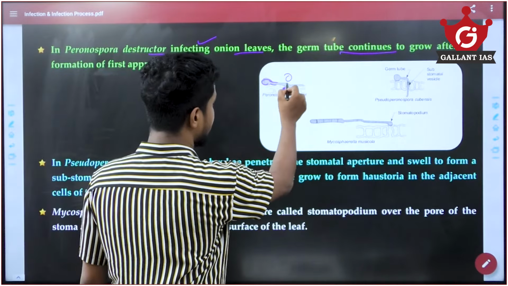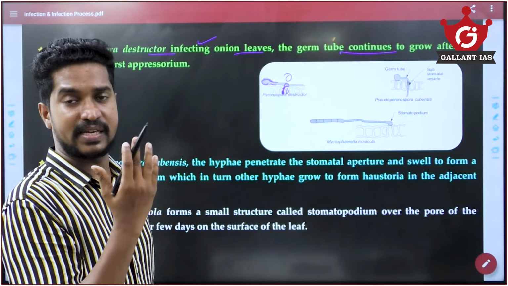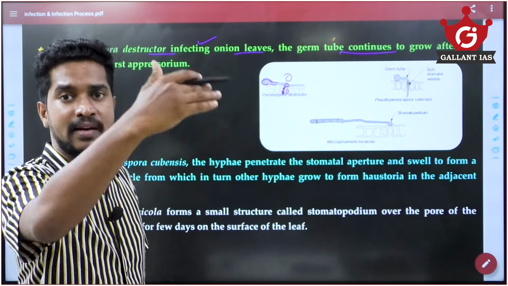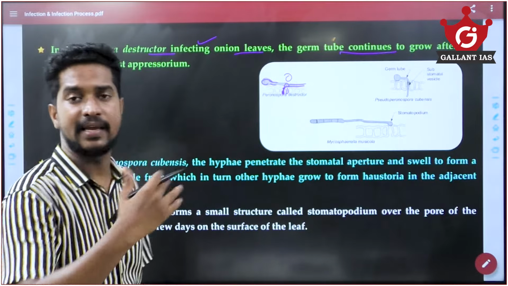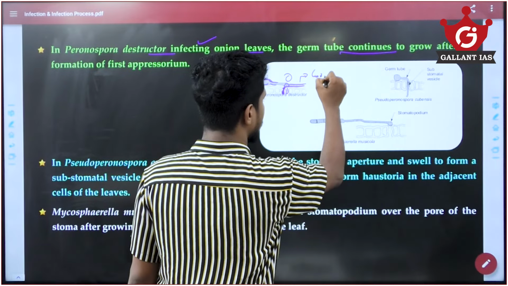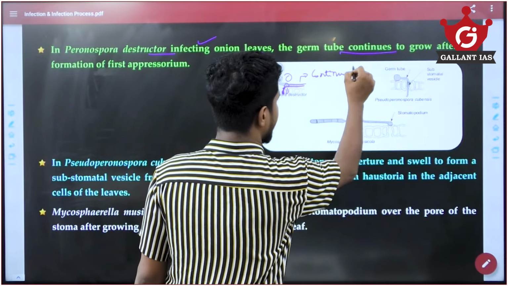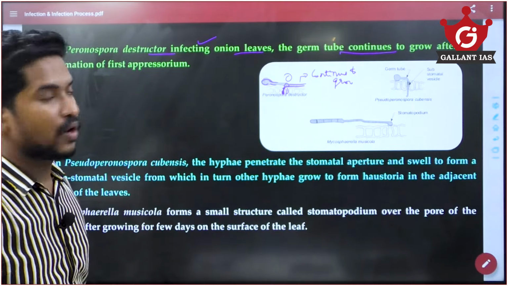Here the germ tube swells, that is the first appressorium, and then the germ tube continues to grow.